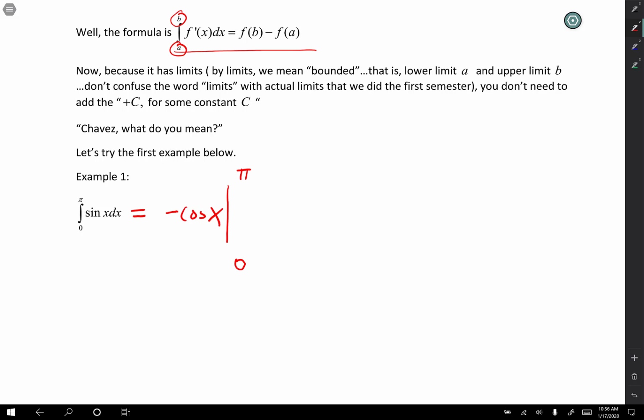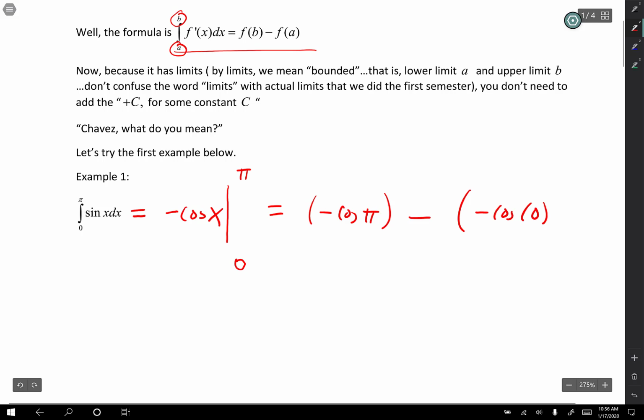Now, when you do that line and you're going to evaluate, I'm going to put an equal sign. You do the upper minus lower. So what does that mean? It means I'm going to write negative cosine of pi, close, minus, and then the lower, negative cosine of 0.